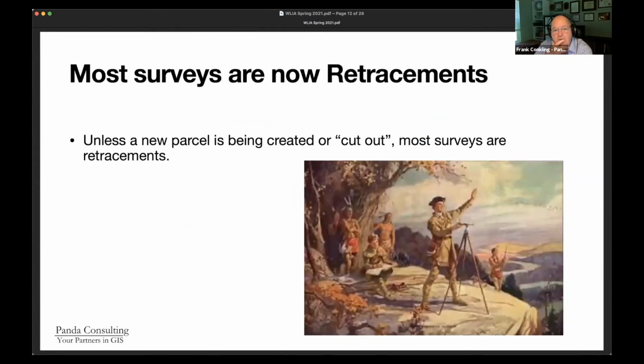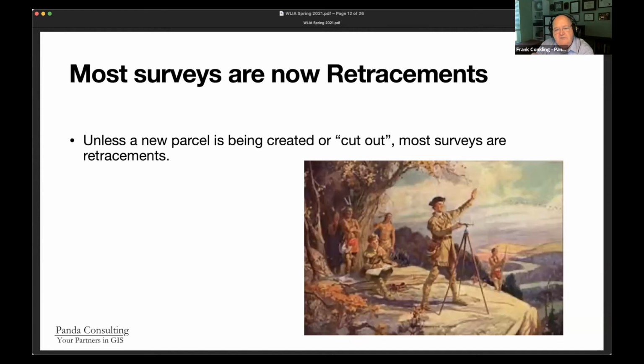So almost all surveys now are retracements, which means that almost all mapping that occurs, because in many ways, parcel mappers are really nothing more than retracement surveyors. You are constantly looking to figure out not what the bearings and distances are and whether or not they fit, but what's the best indication of where the original corner or property was located.